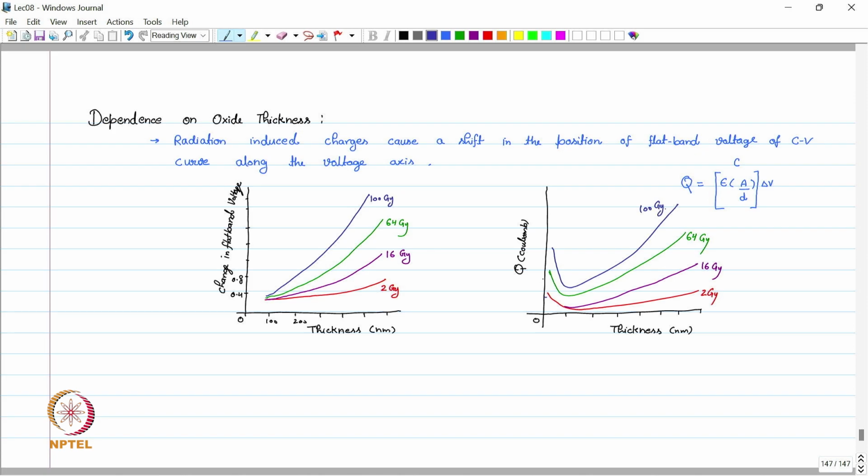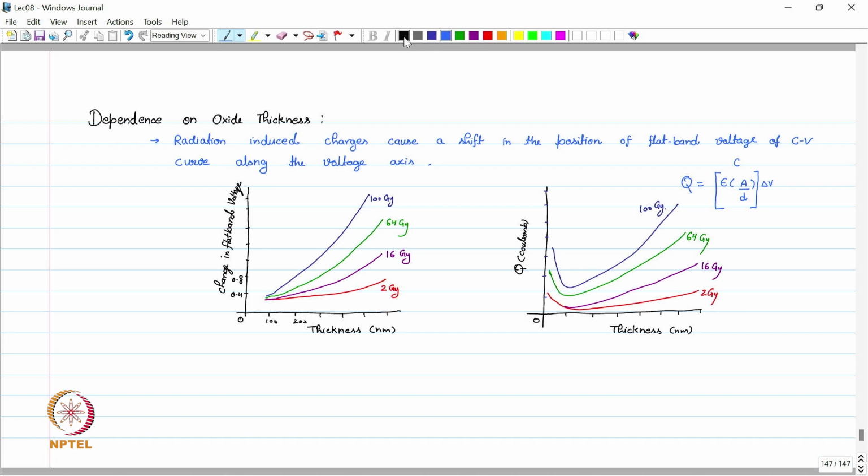So these are some typical trends in the gate oxide charge with respect to the thickness of the gate oxide. We can see that there is a measurable change in the charge when we change the thickness of the gate oxide, and according to the radiation received, which is 2 gray or 16 gray or 64 gray, we get a different amount of charge trapped in the gate oxide.